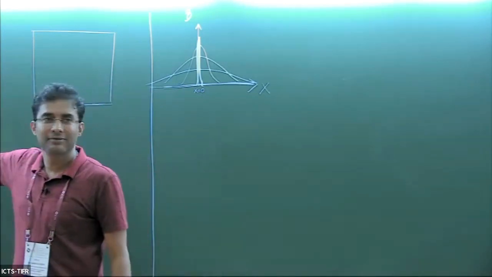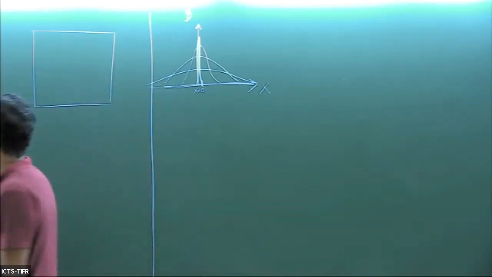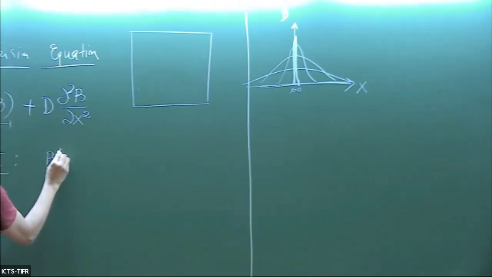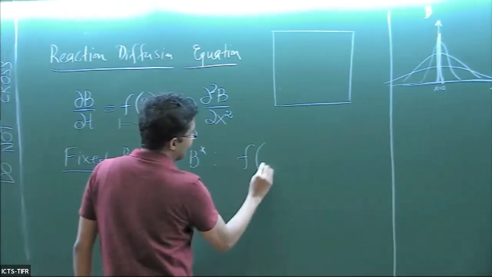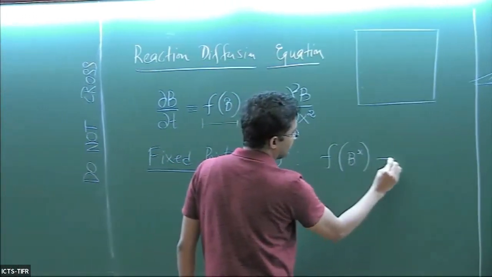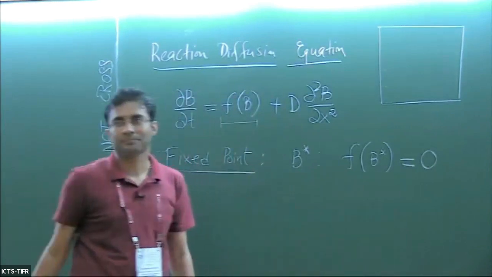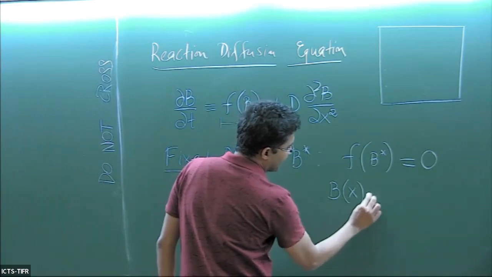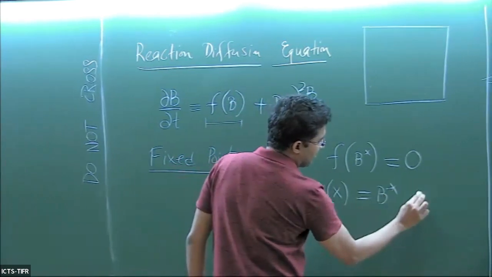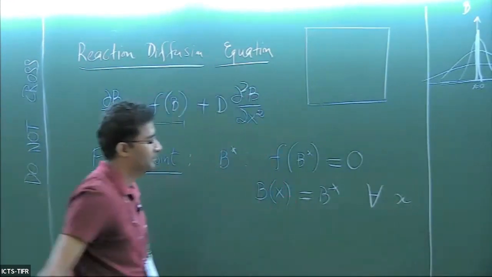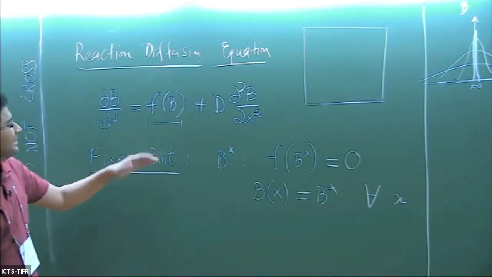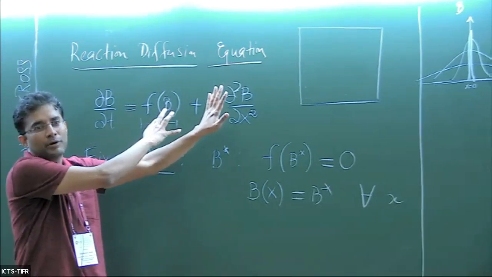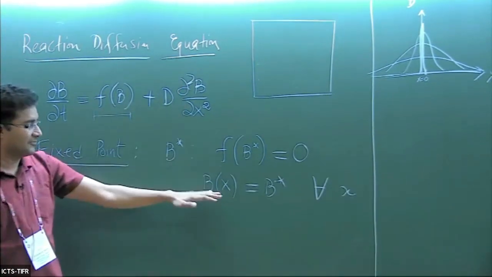When will this other term be 0? That we already know. So let's consider B star such that f of B star is 0. And let us assume that B of x is equal to B star for all x. We call this a non-spatial or mean field model, and the mean field model has some fixed point.